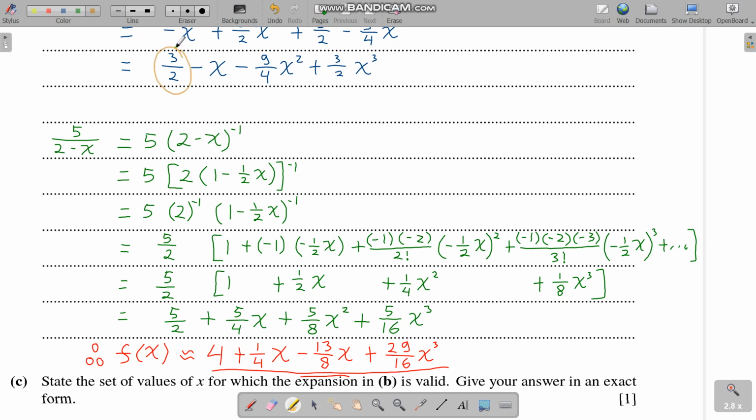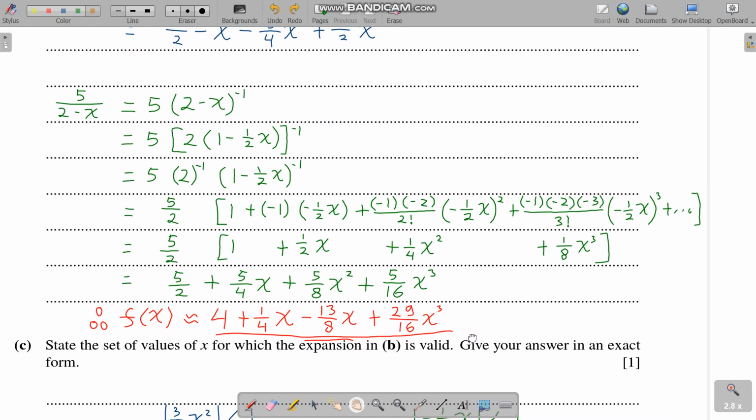For the constant, 3 halves plus 5 halves, that's 8 halves, which is 4, and minus x plus 5/4 x, so that's plus 1/4 x, minus 9/4 plus 5/8, so that's minus 18/8 plus 5/8, minus 13/8, 3/2 plus 5/16, so 24/16 plus 5/16, 29/16. Okay, we're done with the expansion until x cubed.